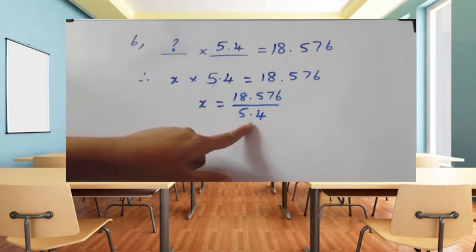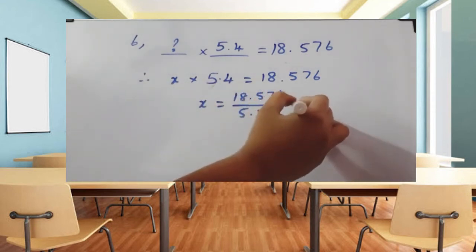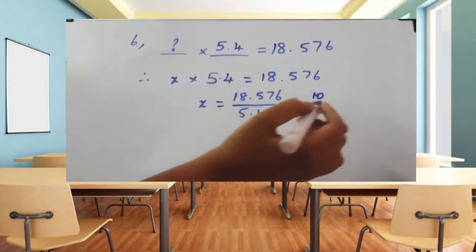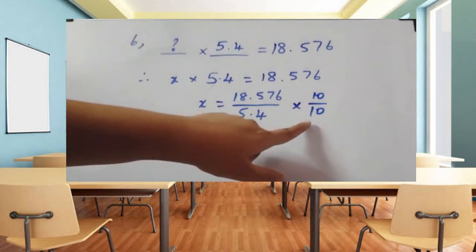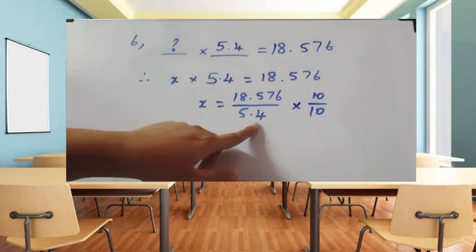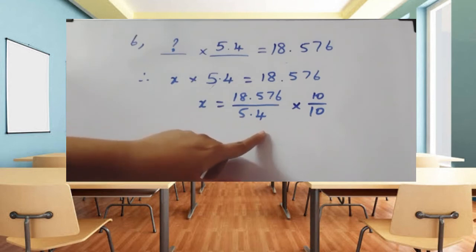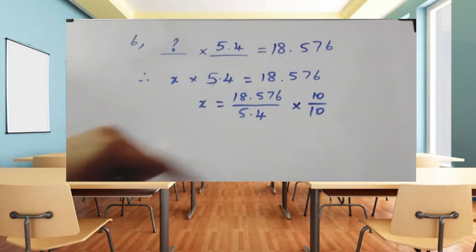We need to remove the decimal first in order to divide. Only one digit is after the decimal, so we multiply by 10. If we have two digits after the decimal, we multiply by 100. Three digits, then 1000. It depends on the number of digits after the decimal.